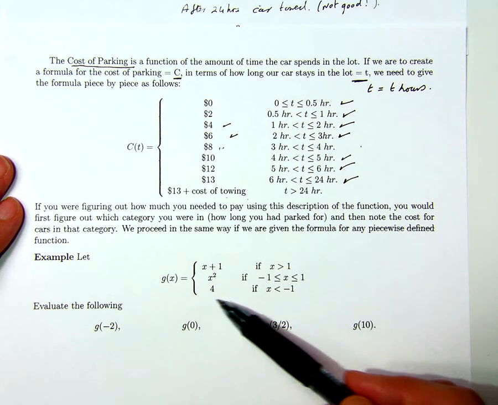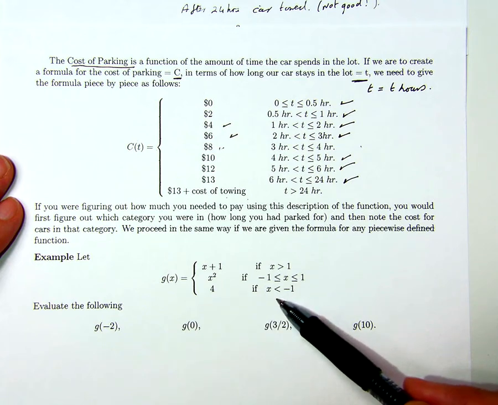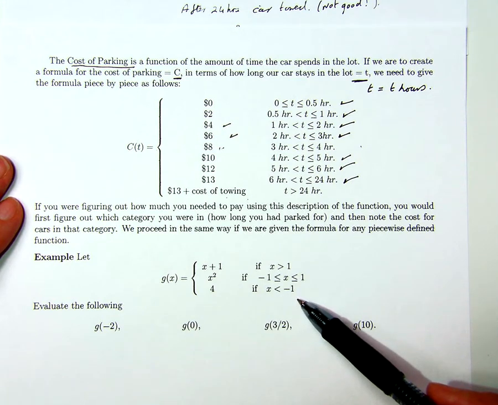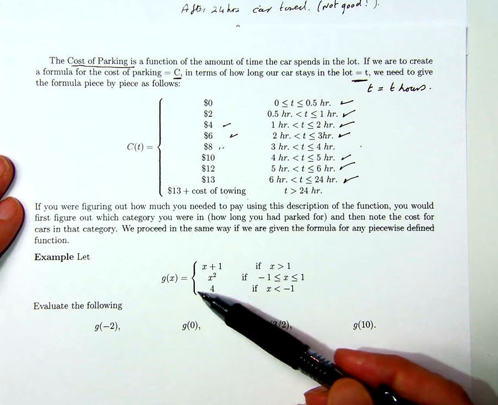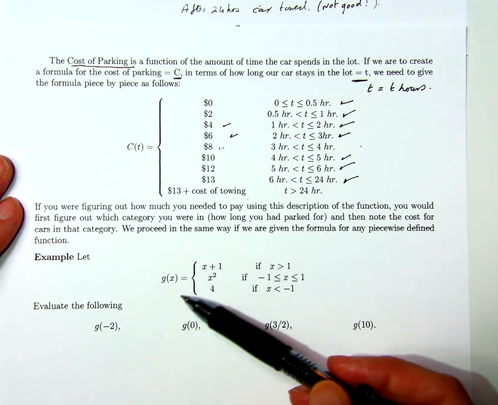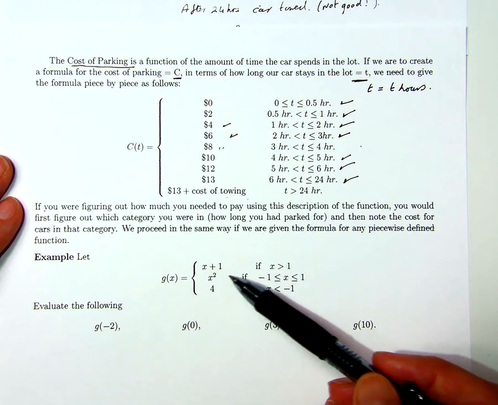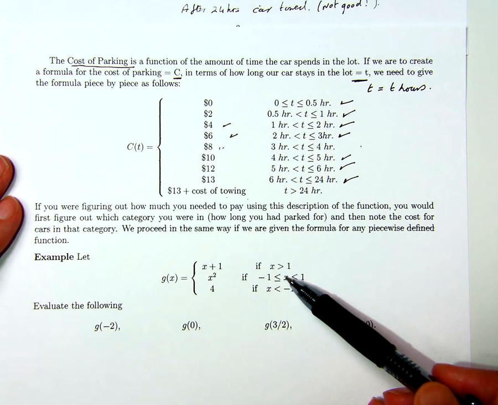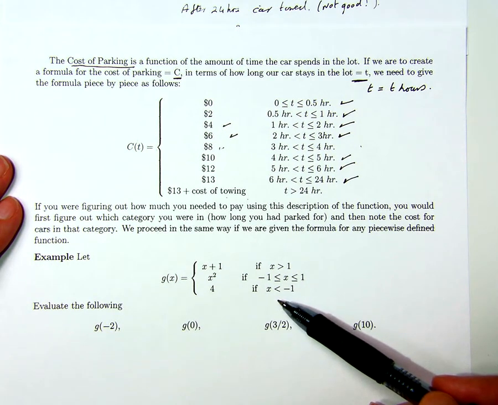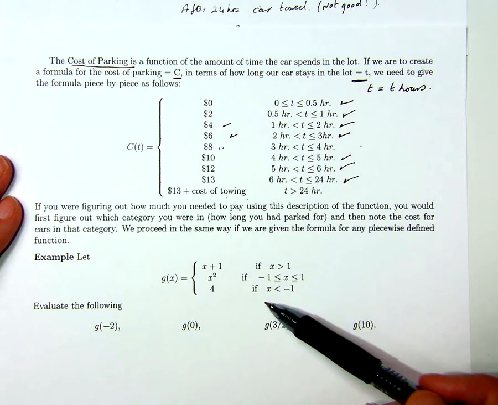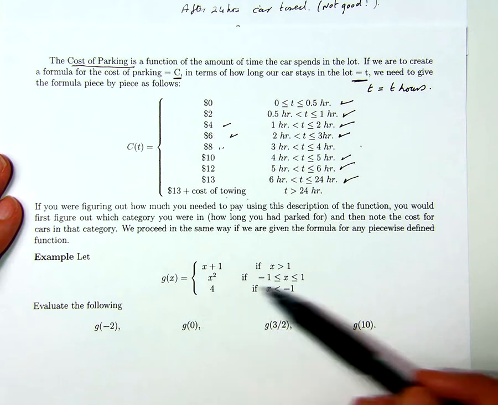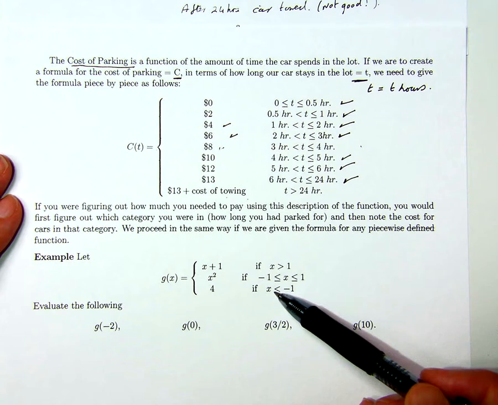And g of x is 4 if x is less than minus 1. So again, we have a piecewise description. In this case, we're given a formula for g for each of the categories of where x might be. And we can evaluate this function at any given x by figuring out which category the x lies in.